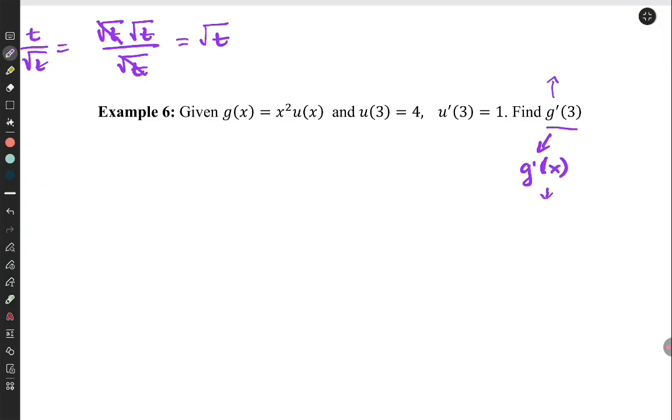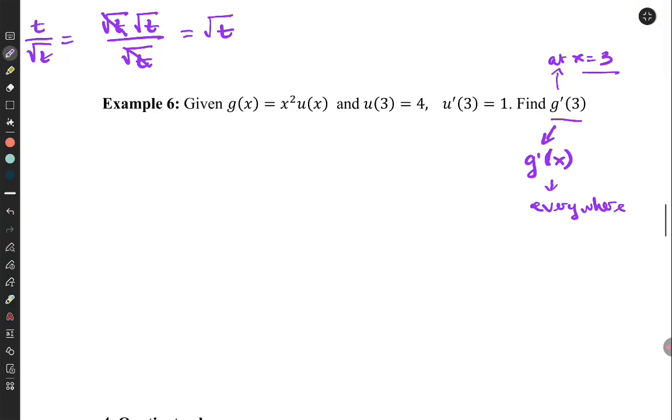But overall, everything we talk about with derivatives so far is basically the derivative at one point. That point is 3: the slope at one point, the slope at 3. Whereas g prime of x describes the behavior of the function everywhere, and g prime of 3 is the behavior of the function at the number 3.